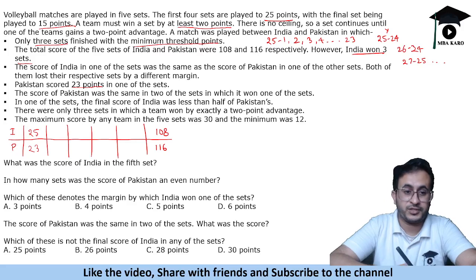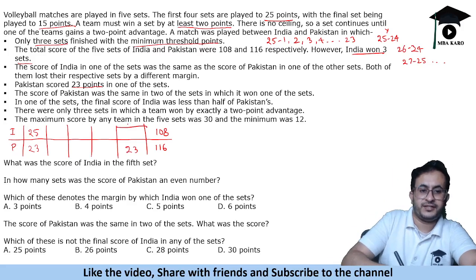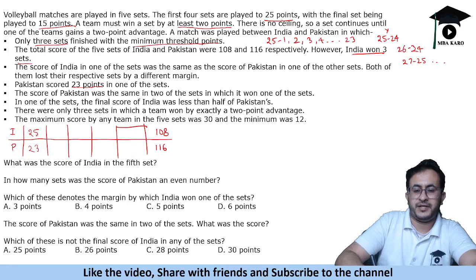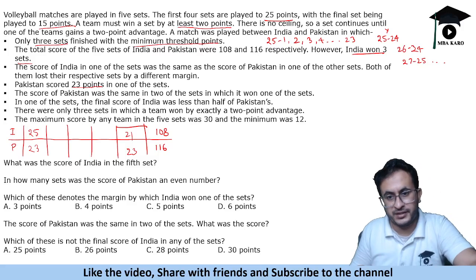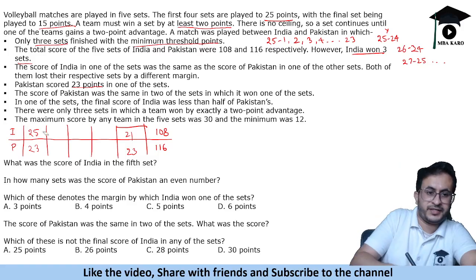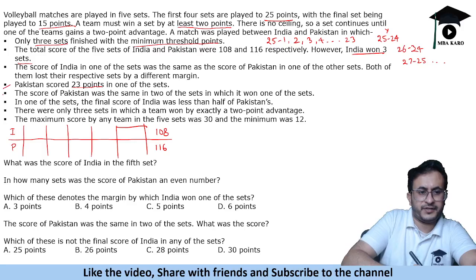Or there is another possibility that Pakistan scored 23 in the special set, which is played up to 15 points only. In that case India would have scored 21 in this game. So there are 2 possibilities. We will fill these possibilities. Let's make another case like this, and we will keep this in mind and fill it later.